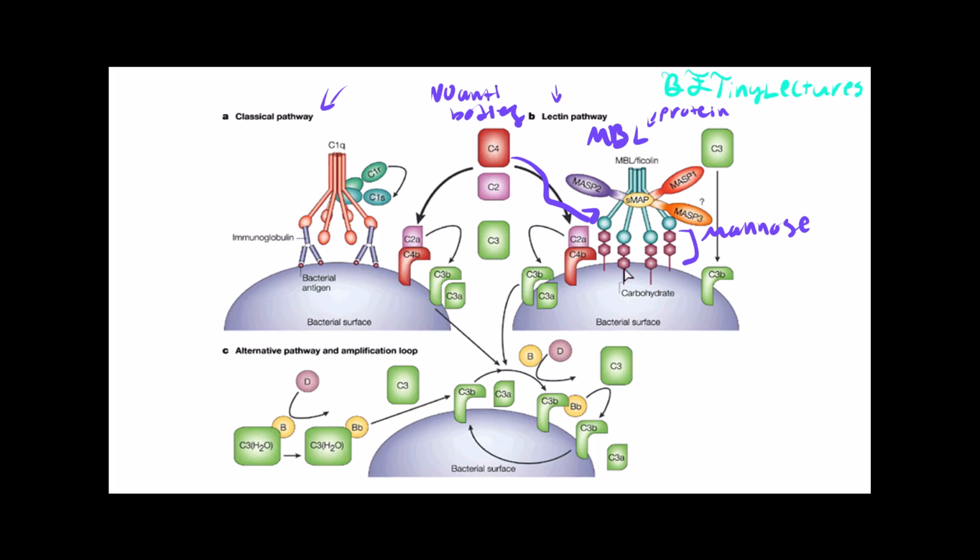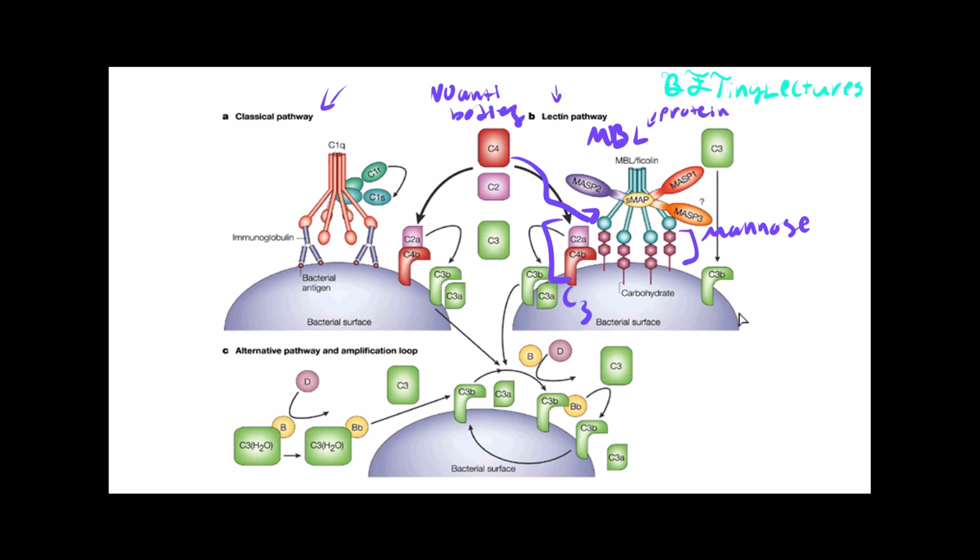All we need is to bind to the carbohydrates, in this case mannose, and mannose is found on the cell walls of the bacterium. Then we have mannose binding lectin, which is a type of protein that binds to the mannose. After that, C4 attaches itself to the MBL, it splits, it attaches itself to C2a. This guy right here is called C3.